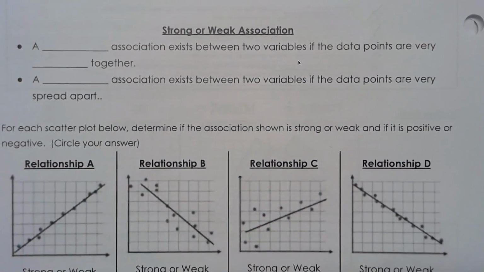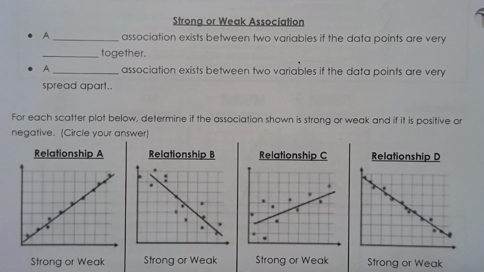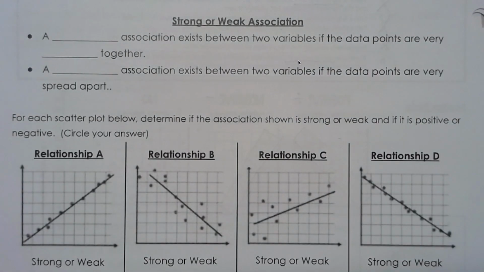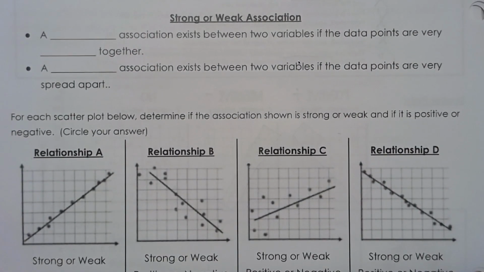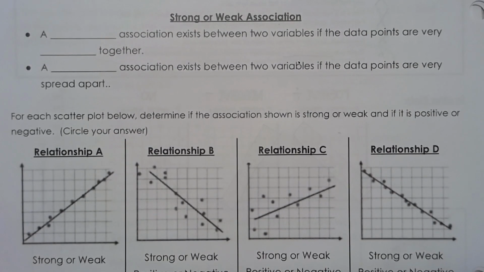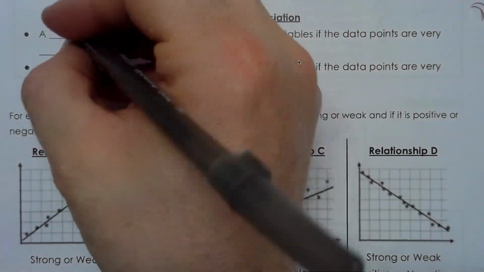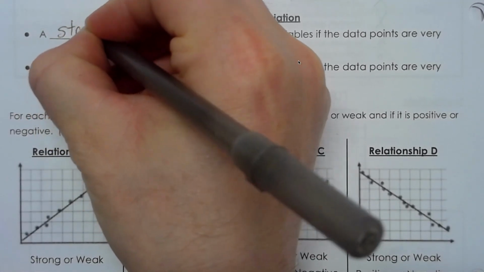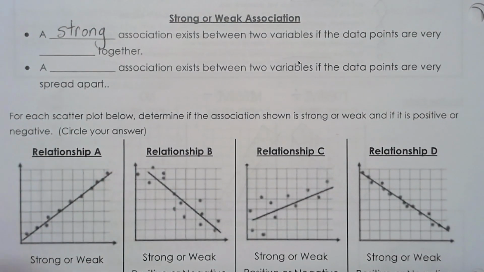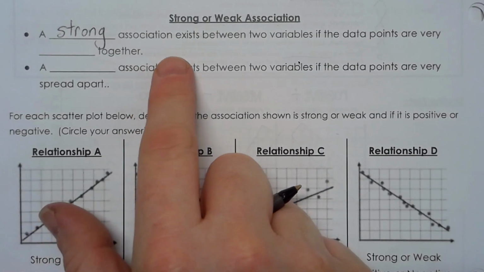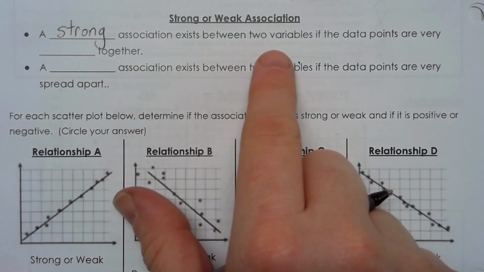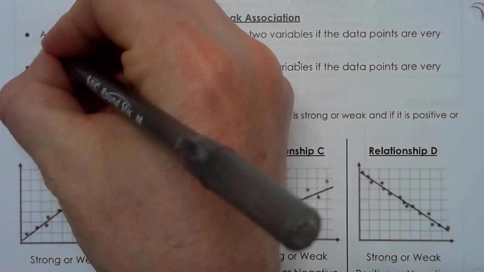Okay, so now let's mention strong or weak association. We talked about the type of relationship or association that can exist, but now we want to know how strong that relationship is. A strong association exists between two variables if the data points are very close together.